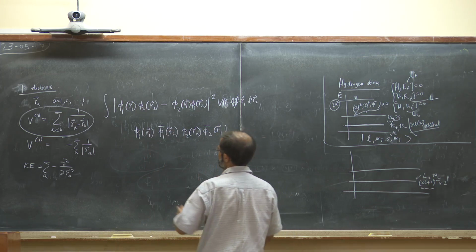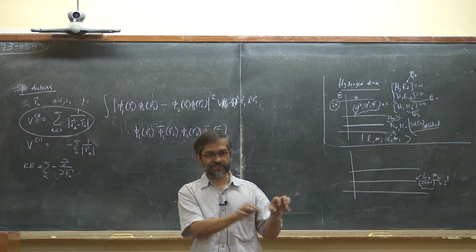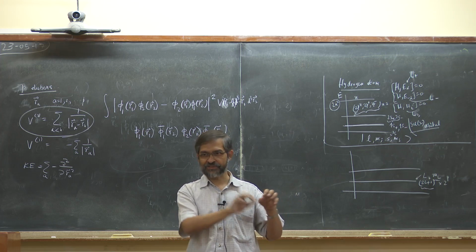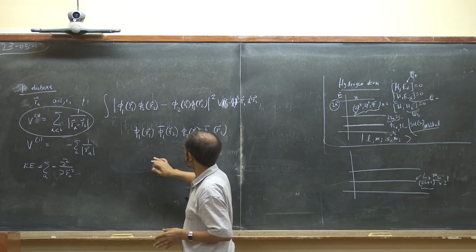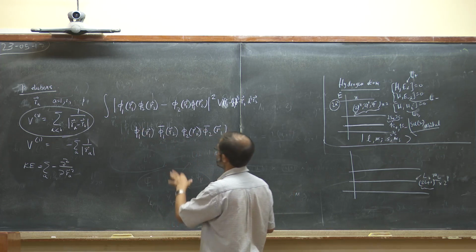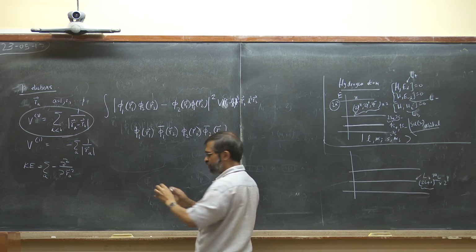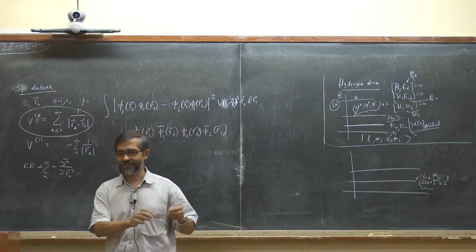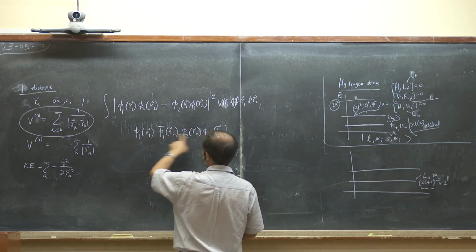As if half of the particles are at R1 and the rest, so it's like a mixed exchange, in which the particles have flipped their positions.